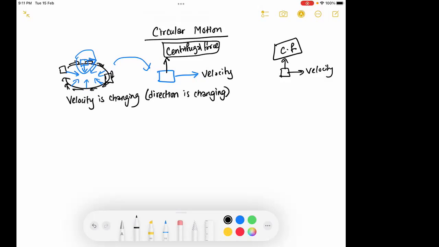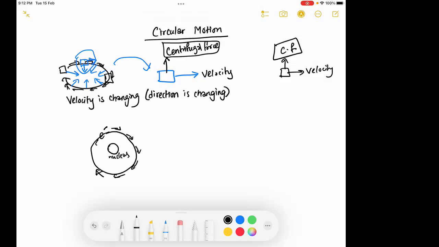Now, it's the same thing for an electron in an atom, right? So, for example, let's say this is the nucleus, and the electron is circulating. The electron is moving around the nucleus, right? Why is it moving at the same speed but different velocity?